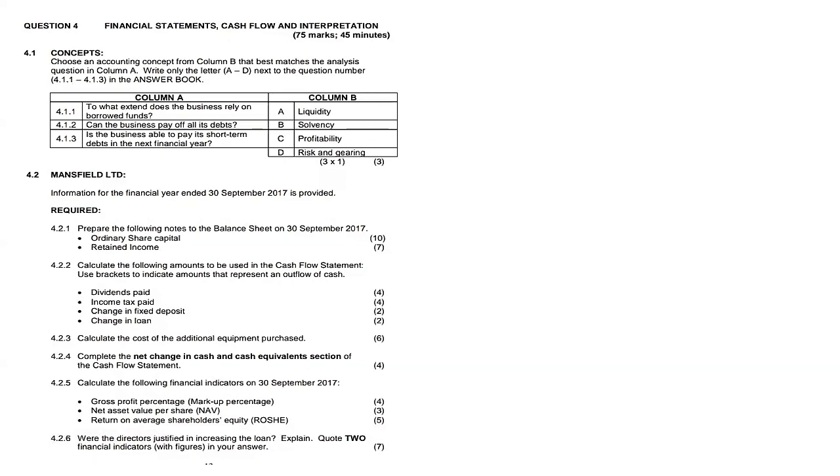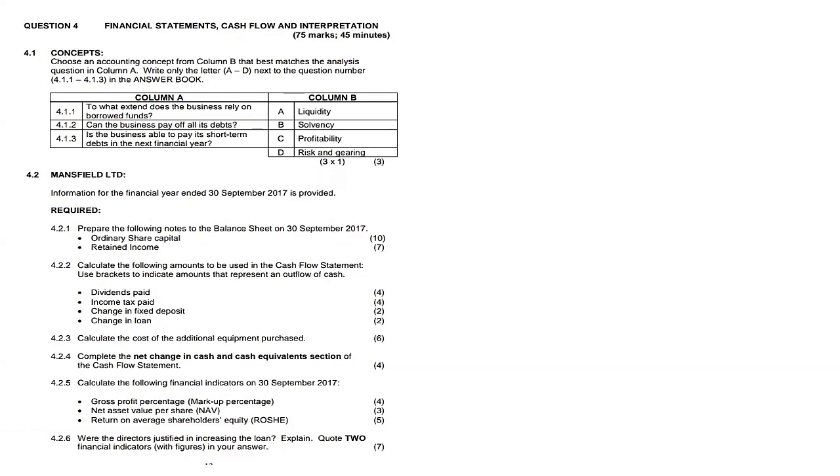Right. So 4.2.2, you need to calculate the following amounts to be used in your cash flow statement. Use brackets to indicate whether the amount will be an outflow or an inflow of cash. So every time when you see paid or purchase under cash flow statement, it's regarded as an outflow. So meaning it's money out.